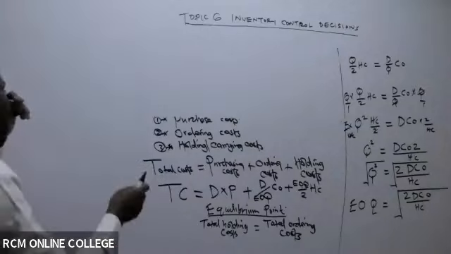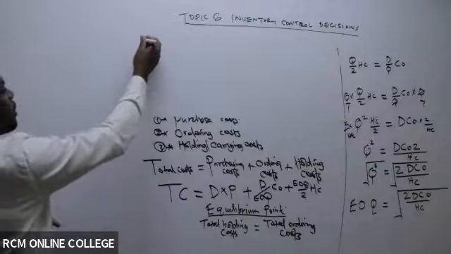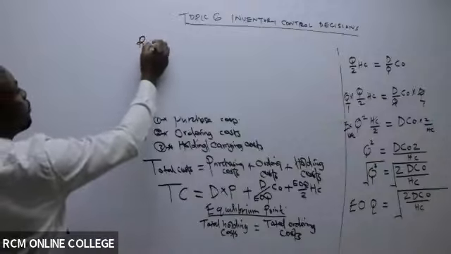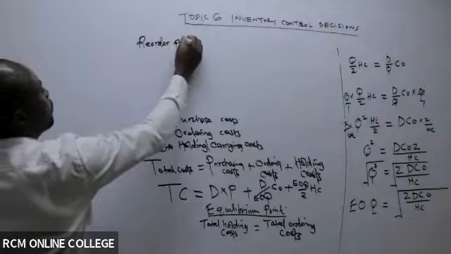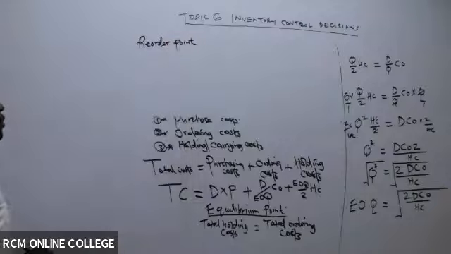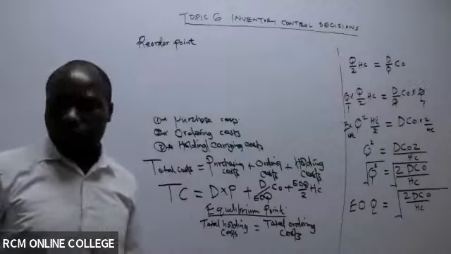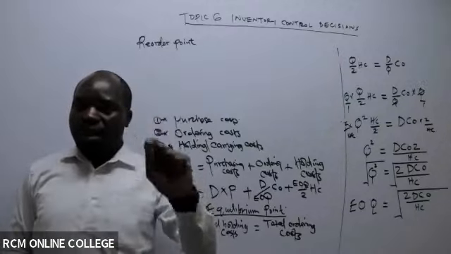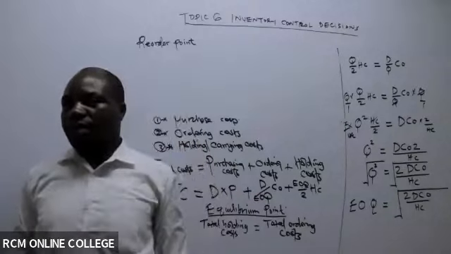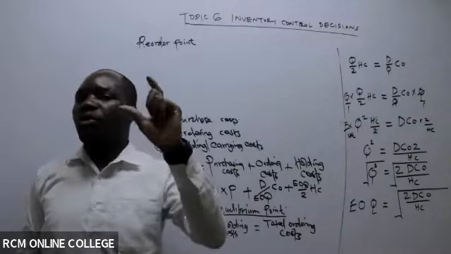So we have this term called reorder point. Reorder point. Your company says, you know what? If product A gets to 10 units, then we must make a new order.